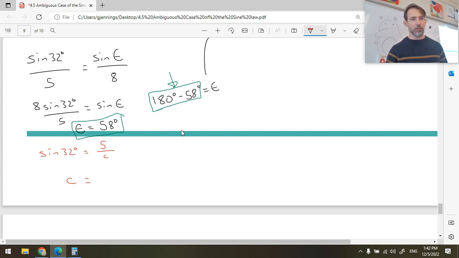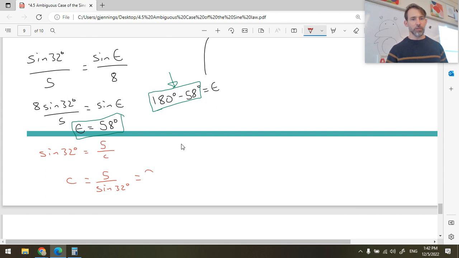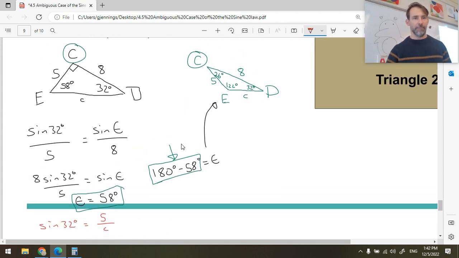Gives us C equals 5 over sine 32. Evaluate that: 5 divided by the sine of 32 equals 9.4. So in this case, C equals 9.4, and we can put it right on our diagram.